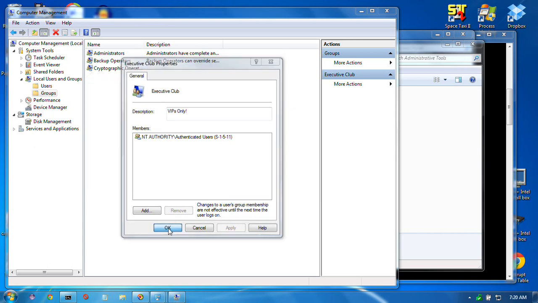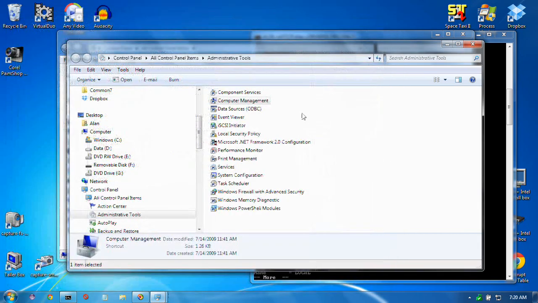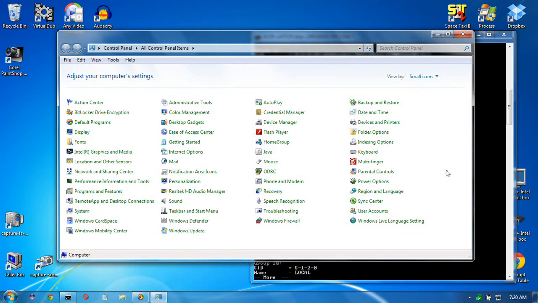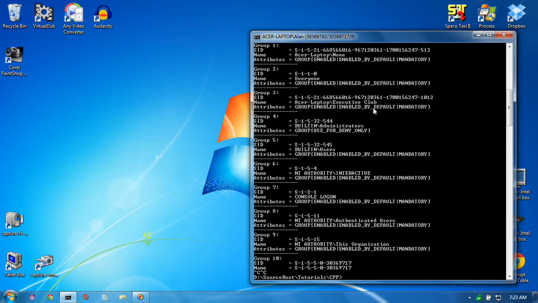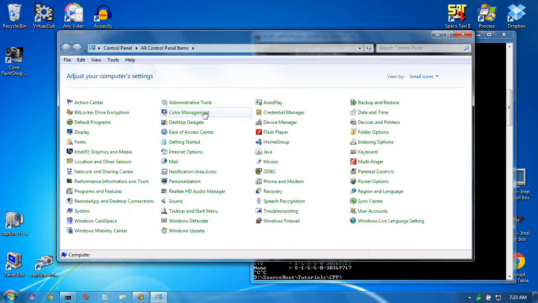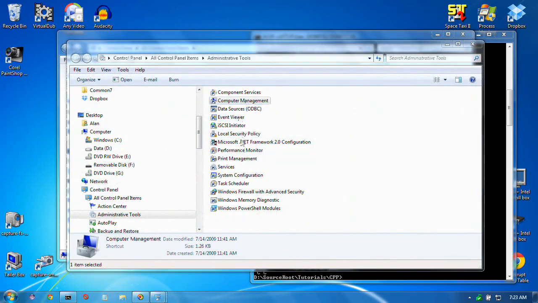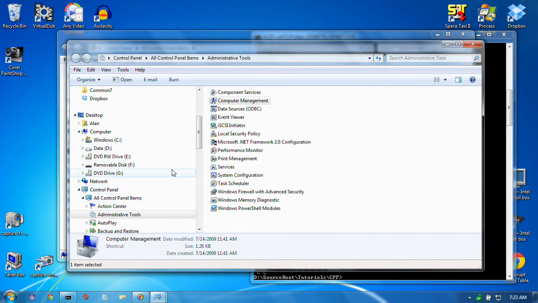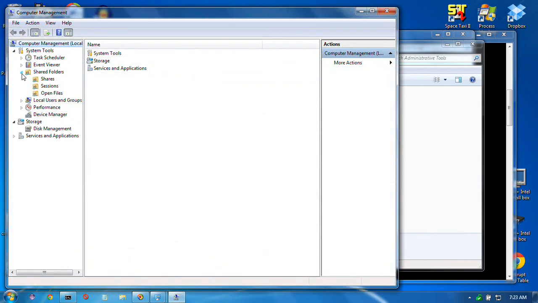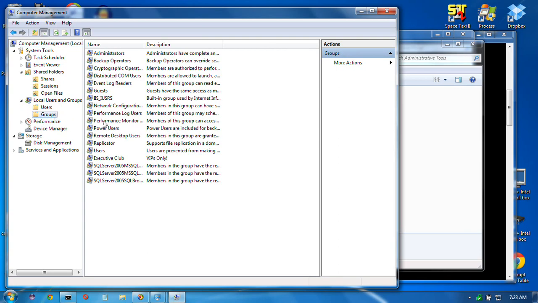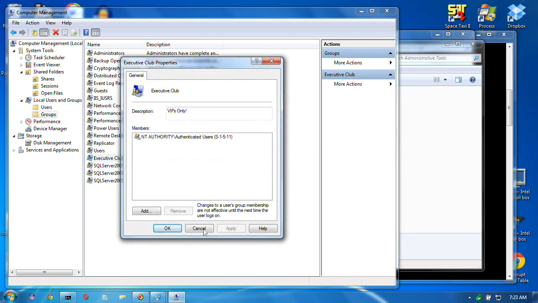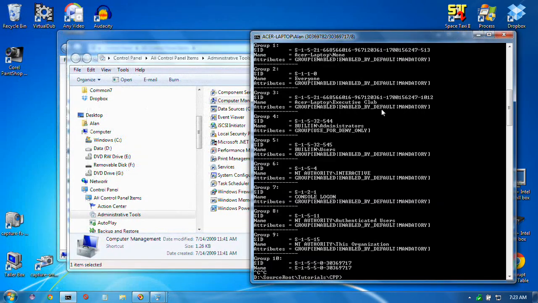So now it's just authenticated. So is that enough? Is that all that it takes? We shall see. And the answer, if you can hear me, is yes. Authenticated users is enough. It's the only one on the list. And I'm a member, and everybody else will be a member too of that group.